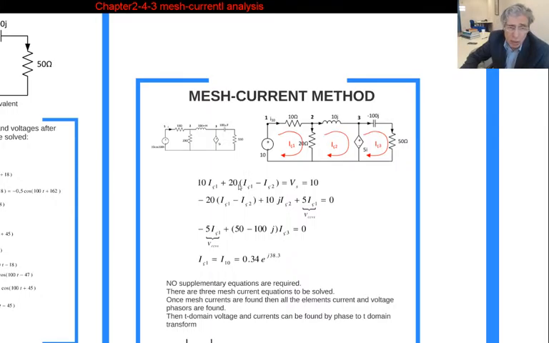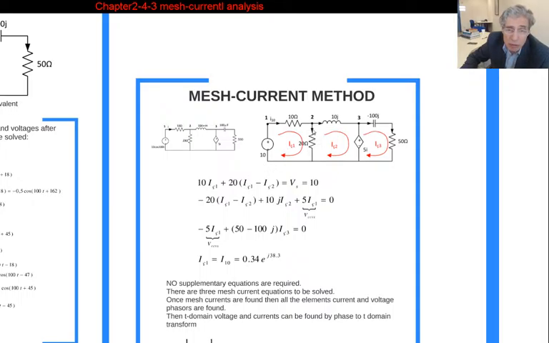How did we write it? 20 times this resistor current. That resistor current is this current. There are two mesh currents here, one is IC1, the other one is IC2. Since the IC1 direction and this element's current direction are the same, the sign of IC1 is going to be plus.